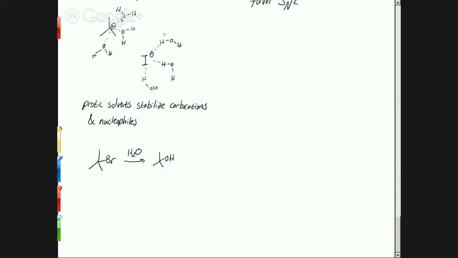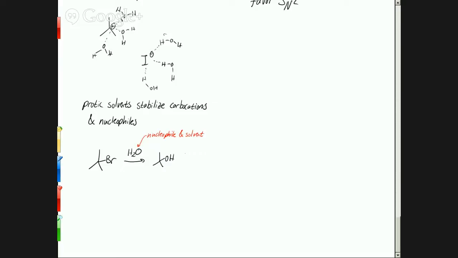In that case, the water is both the nucleophile and the solvent. That's usually not going to work with an SN2 reaction because we want a stronger nucleophile. We want something that's charged. And so we're going to use something like sodium hydroxide in one of those aprotic solvents instead.